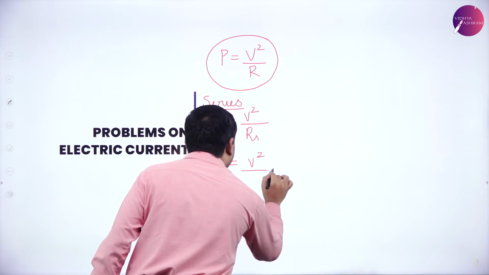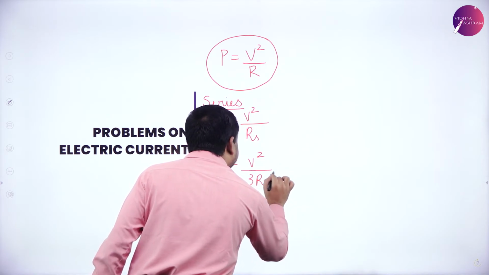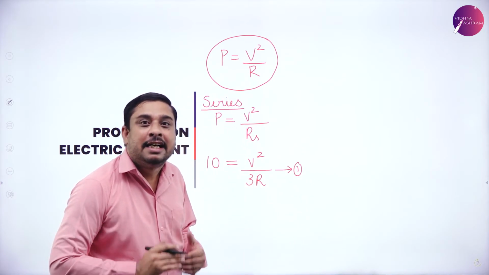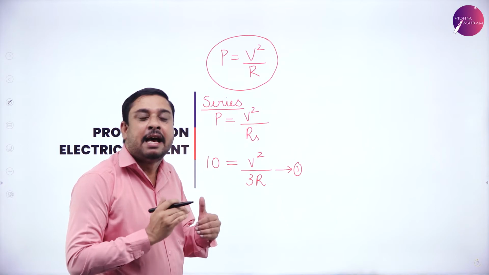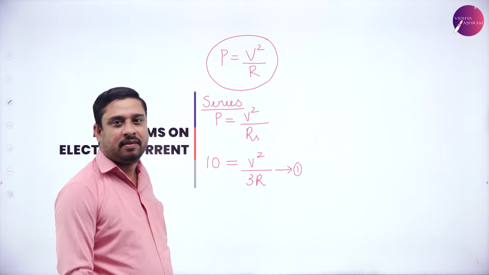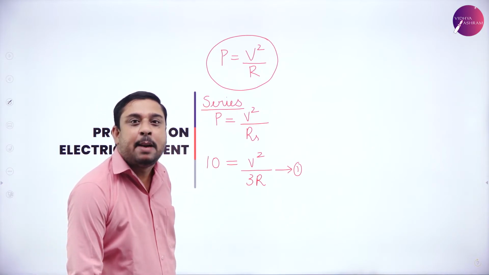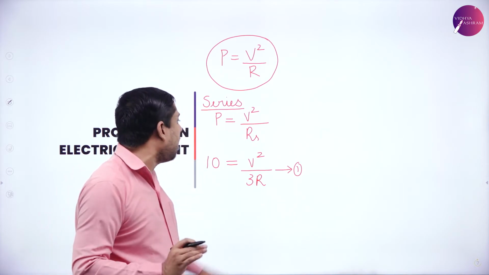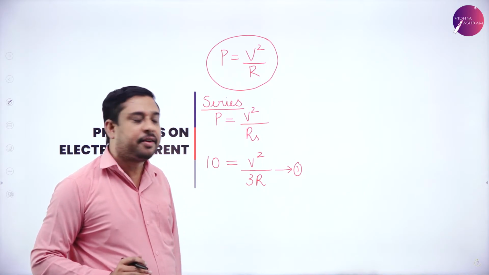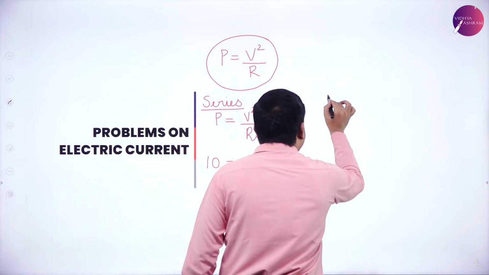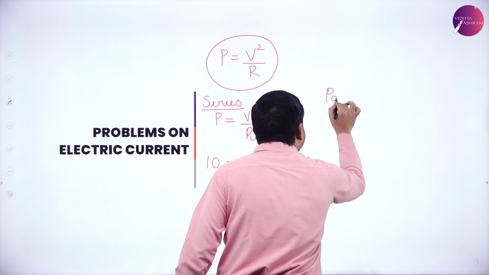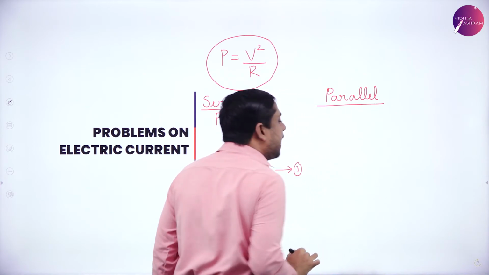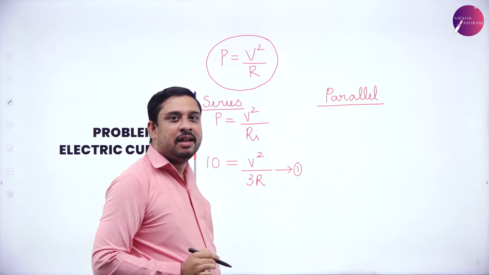V square divided by 3R. Why 3R? The three resistors are connected in series. They have the same value of resistance, R plus R plus R, so it is 3R. Next, the same three resistors are connected in parallel.